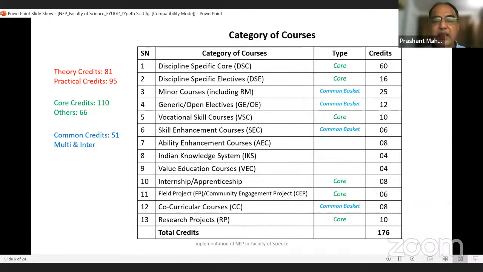Meaning that the number of hours for teaching will increase because the practical credits are more, and every single practical credit attracts 2 hours of teaching in a week. If we consider the 15-week semester, then it is 30 hours for a credit of practical, and 15 hours for a credit of theory.